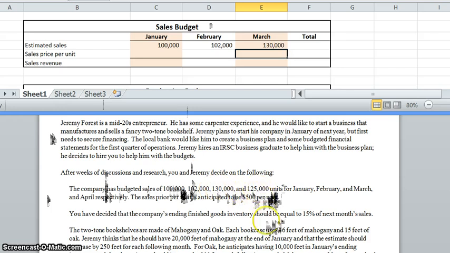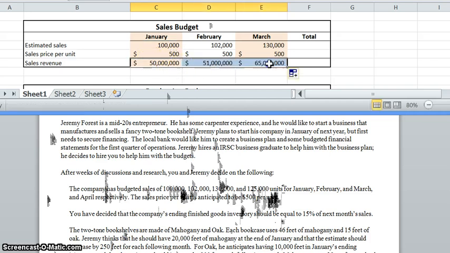That has to do with desired ending inventory. The sales price for each one: our anticipated sales price is going to be $500 per unit. So to get our sales revenue, simply multiply the estimated sales in units times our sales price per unit. That'll give us exactly what we need.